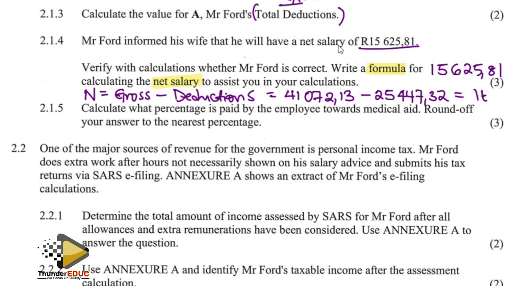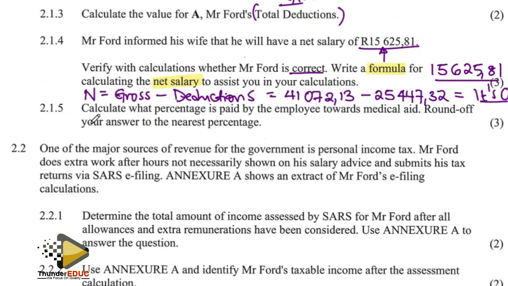Don't forget, you say it's correct, or you can say it's valid, because you're saying verify with calculations whether Mr. Ford is correct. So you need to end up saying it's correct if your answer matches his claim.